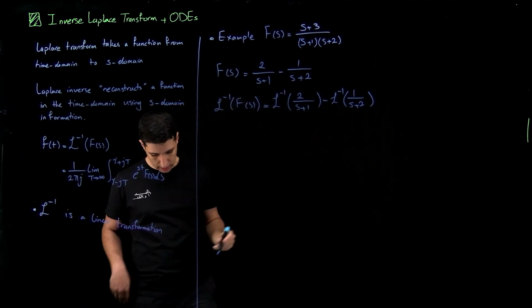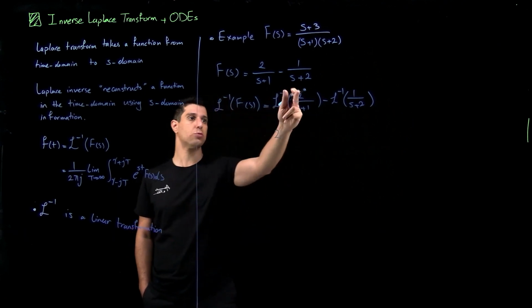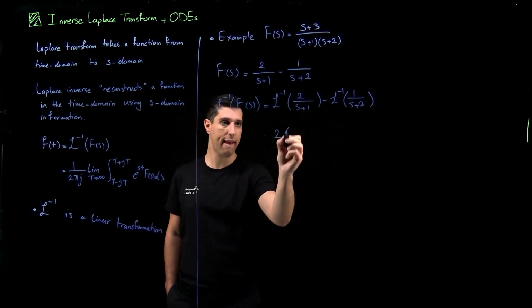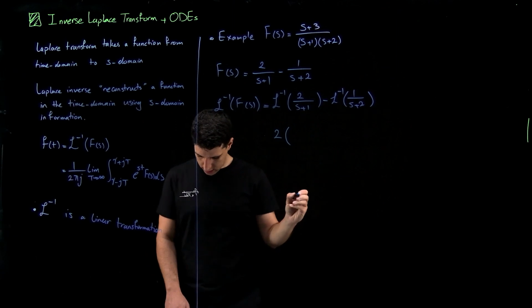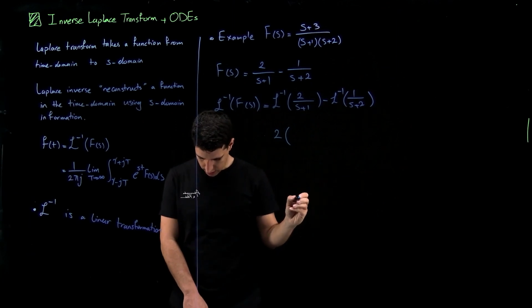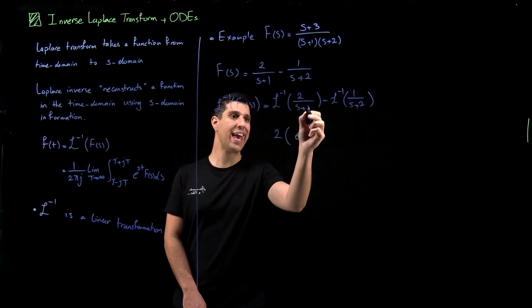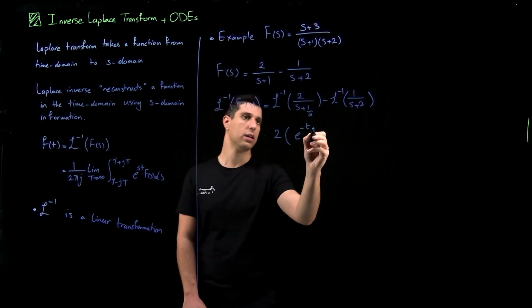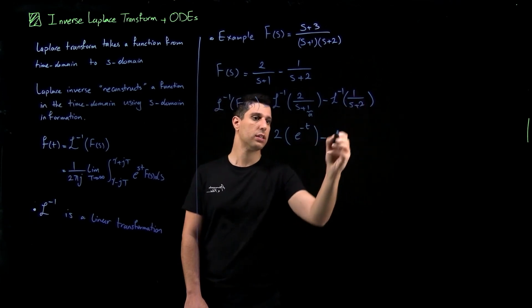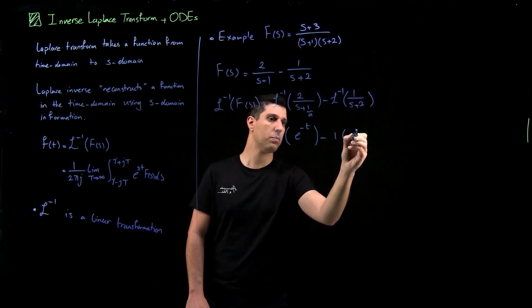What I end up with is 2 times the inverse Laplace of 1 over s plus 1, which is e to the minus at, where this is my a, so e to the minus 1t, minus e to the minus 2t.